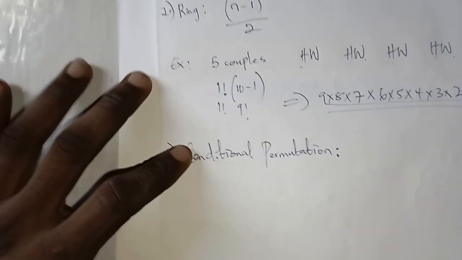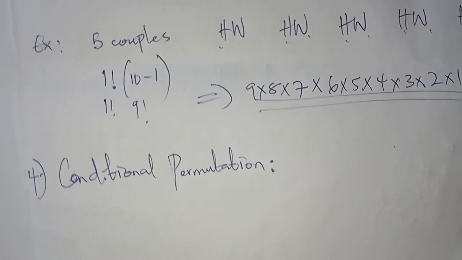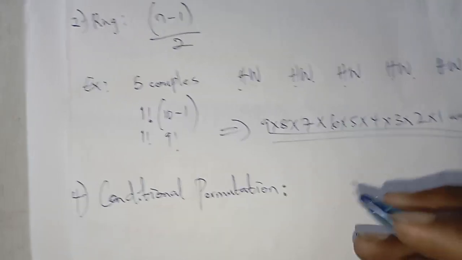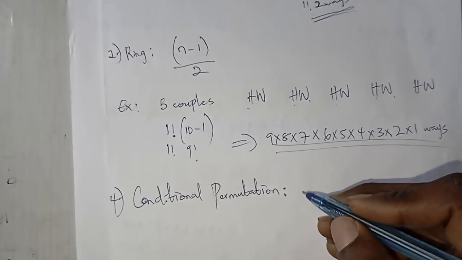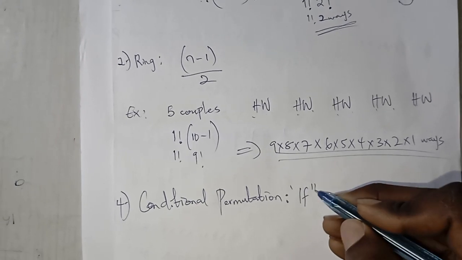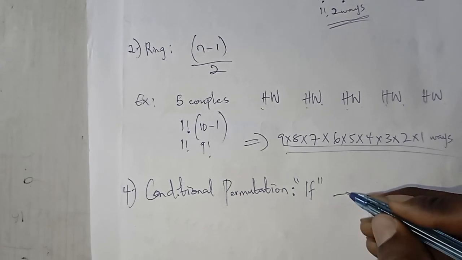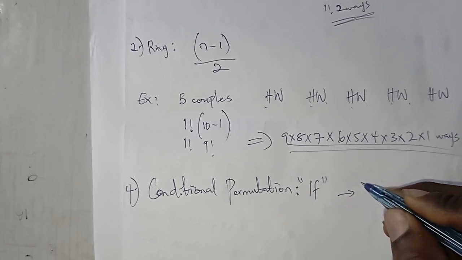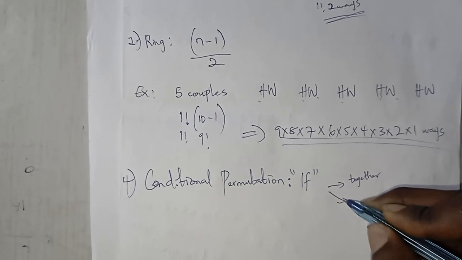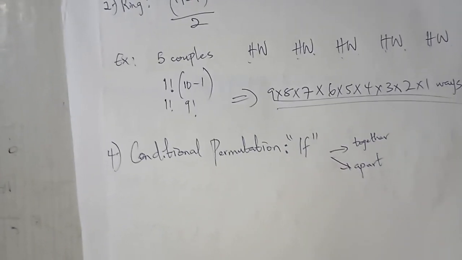A conditional permutation is a permutation that comes with restriction, or a type of permutation where they are asking you to do something if a statement comes into it. So it is a type of permutation where you have restriction, you have if, and most of each question always comes with being together, when it's together, and when it's apart. So that's one thing about conditional statement.